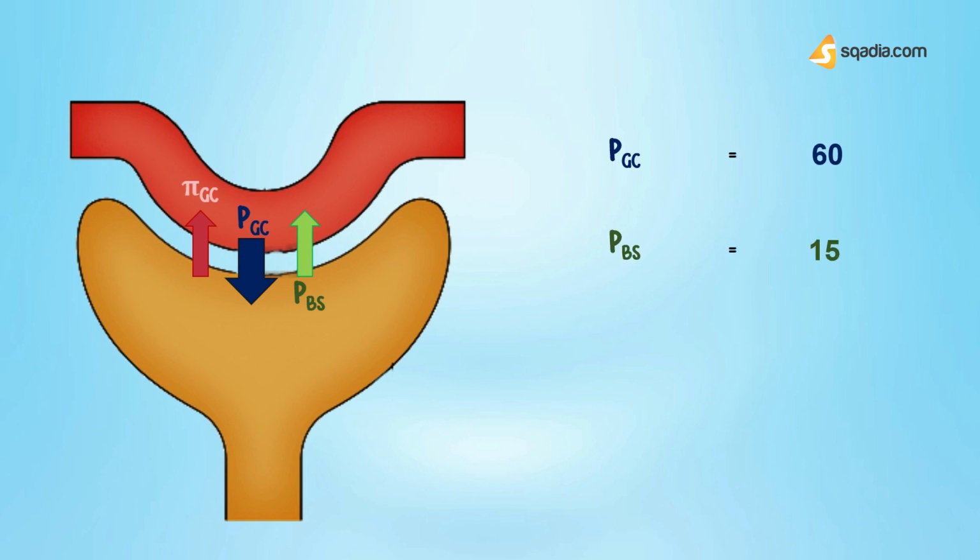Fluid pressure in Bowman's space is 15 millimeters of mercury, and osmotic force due to protein in plasma is 29 millimeters of mercury. So, net glomerular filtration pressure is 16 mm of mercury. Forces opposing filtration have a negative sign.